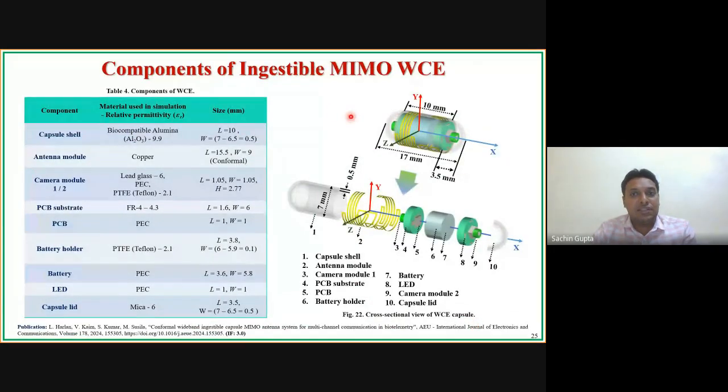So now let us come to the modified version of this wireless capsule endoscopy system. Previously we designed a single input, single output system. Now we have modified our previous system and changed it to a two element wireless capsule endoscopy system, where two antenna elements are used for sensing the internal organs of the body.